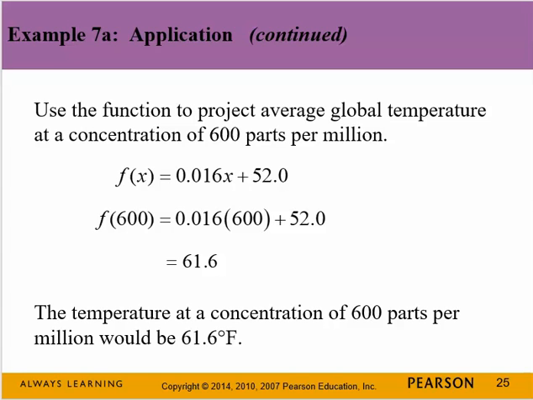So now you're going to take this 600, put that for the x value, and then just do the algebra, well, it's arithmetic now, and you end up with 61.6. So when it's at the concentration of 600 parts per million, it would be 61.6 degrees Fahrenheit.